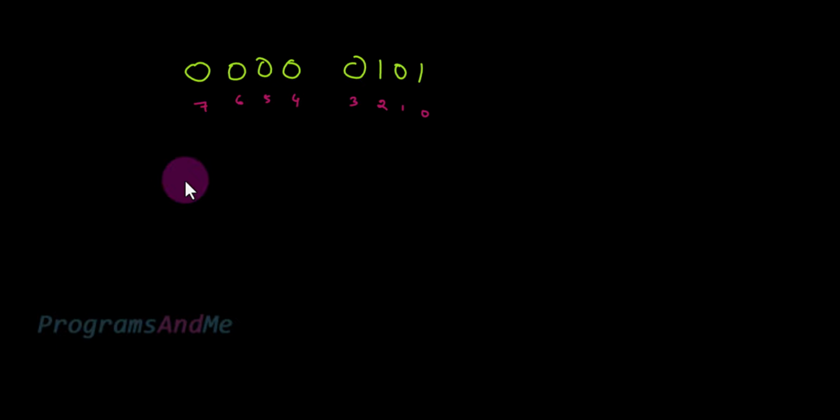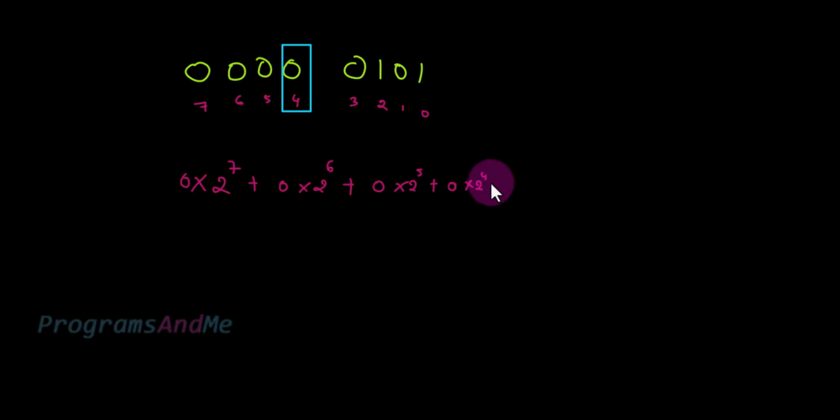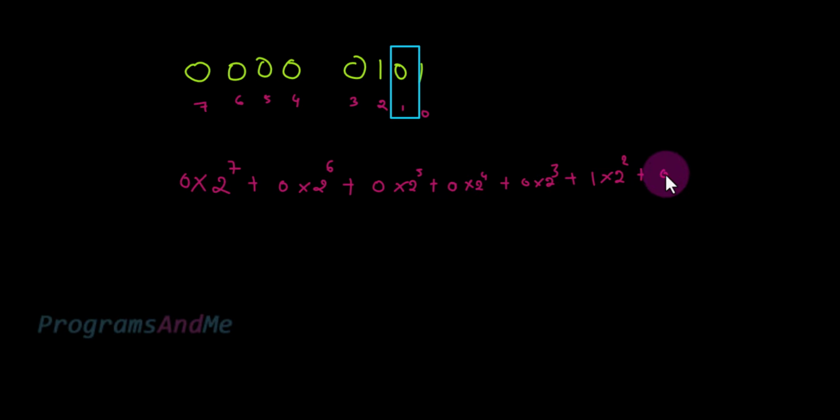Next, you need to multiply the bits by 2 to the power of their position, that is 0 into 2 power 7, plus 0 into 2 power 6, 0 into 2 power 5, 0 into 2 power 4, 0 into 2 power 3, 1 into 2 power 2, plus 0 into 2 power 1, plus 1 into 2 power 0.